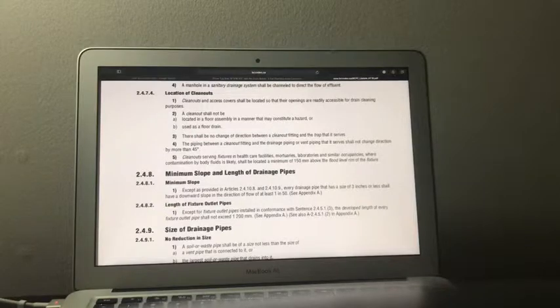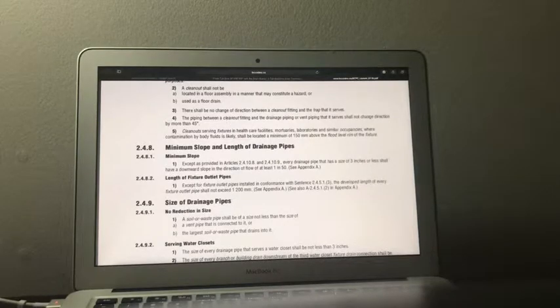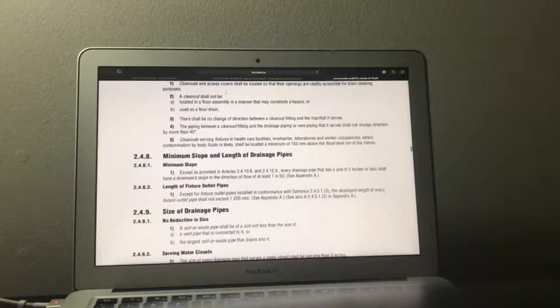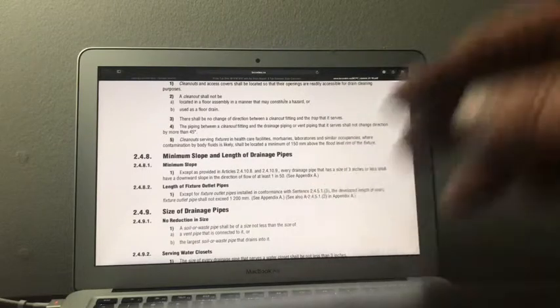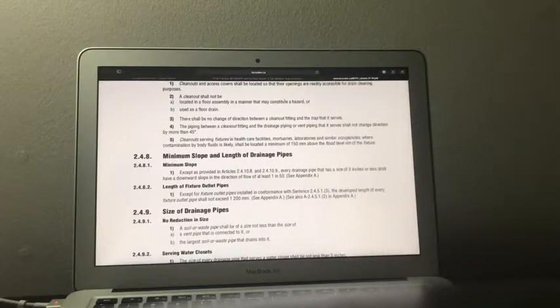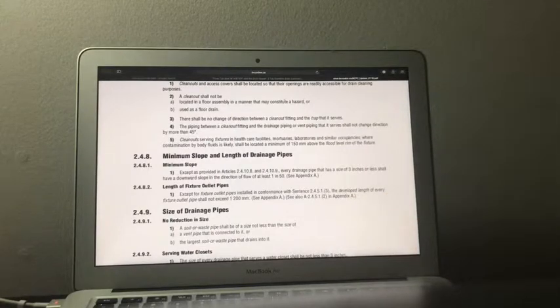A cleanout shall not be located in a floor assembly in a manner that can constitute a hazard or used as the floor drain. That can happen really quick in a commercial setting where the pad is huge. We're talking 200 by 300 foot warehouses, or let's say a grocery store.